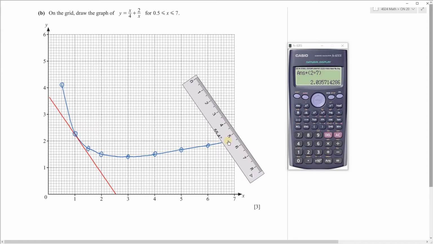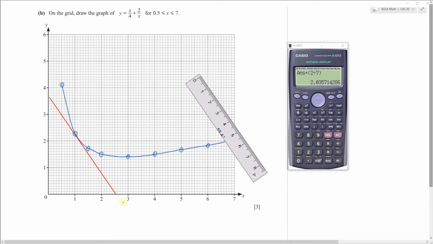So now I can take any 2 points on this line and find the gradient. So let's take any 2 points here. This is on the x-axis, almost 2.5. So let me take this point here, which is 2.5 on the x-axis and 0 on the y-axis.